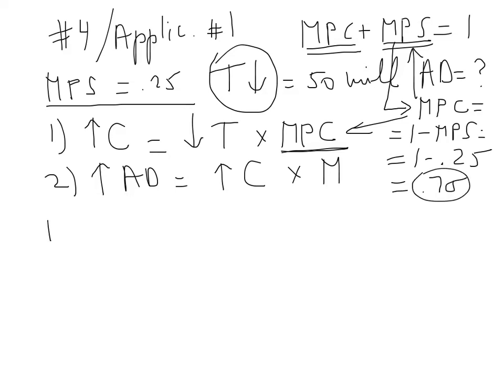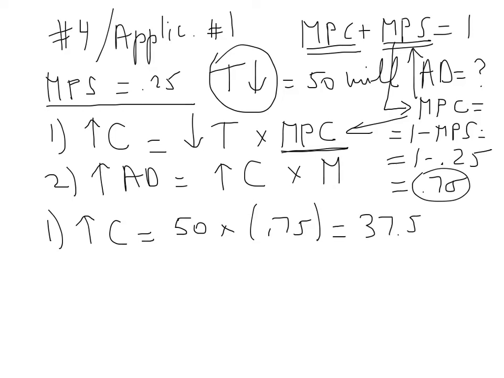So now let's plug into the first formula here. Increase in consumption is decrease in taxes 50 times marginal propensity to consume 0.75, which is going to give me increase in consumption. This is 37.50 million in this case dollars.